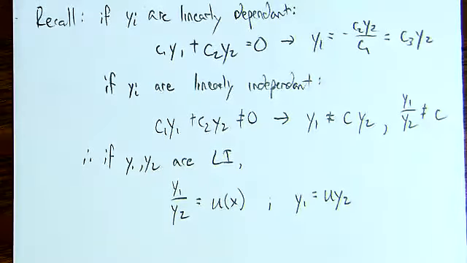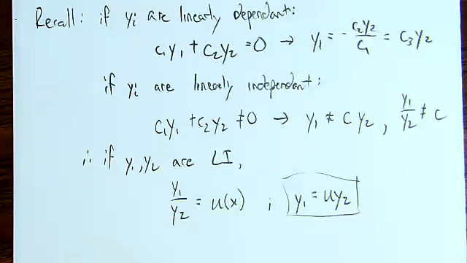Or equivalently, y1 is equal to some function u times y2. So again, this is a consequence of linear independence. So let's see what happens when we utilize this information.